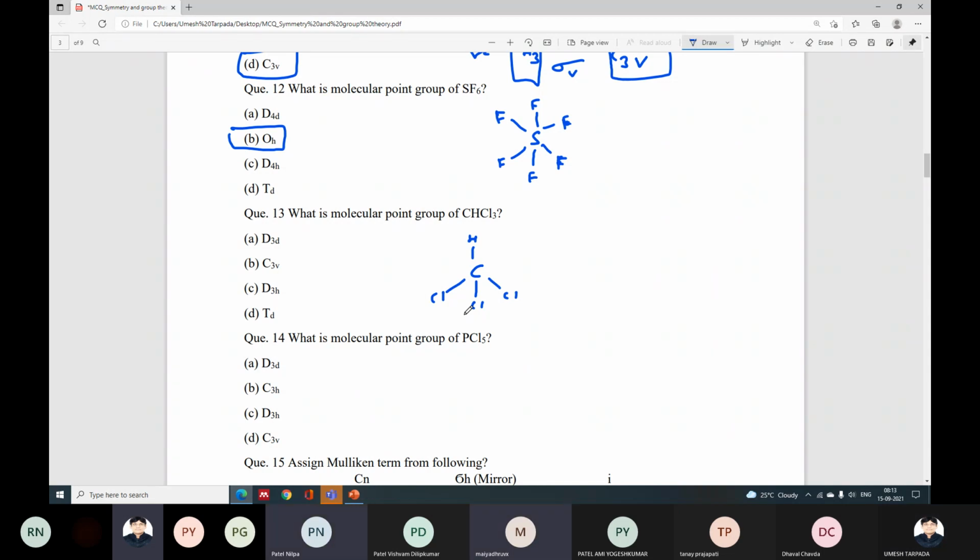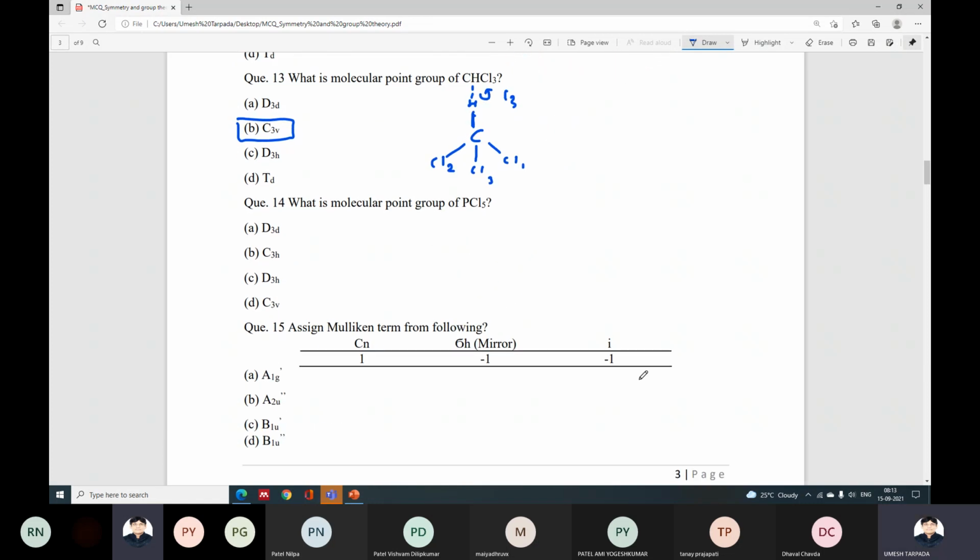It will be C3v. The C3 axis passes through H and carbon. This is your C3 hydrogen axis, and these are the three chlorines, Cl1, 2, and 3. So you have 3 sigma v, so the point group is C3v. The structure is similar to ammonia.